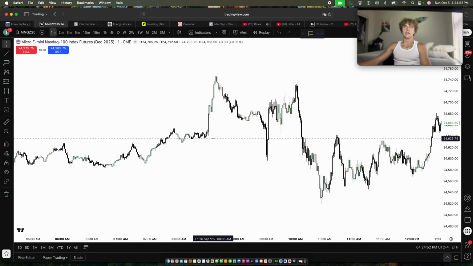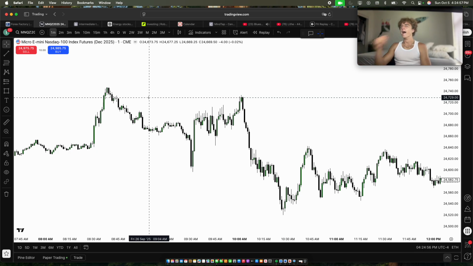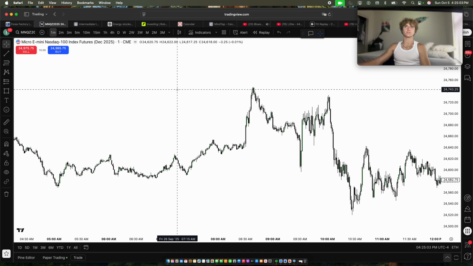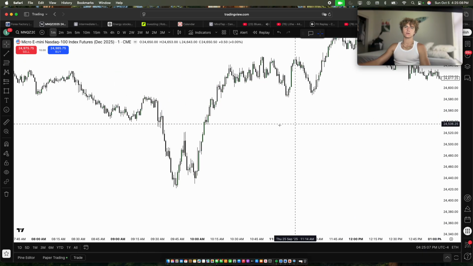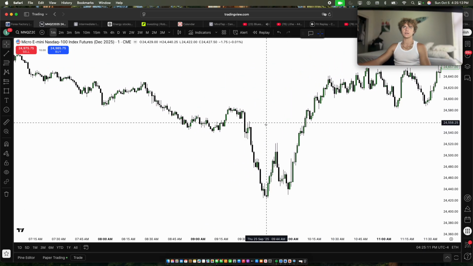Trying to figure out if I like it. There are some days where you're not necessarily going to get that perfect market maker sell model, buy model, whatever it is. We could use this, for example, for longs potentially.